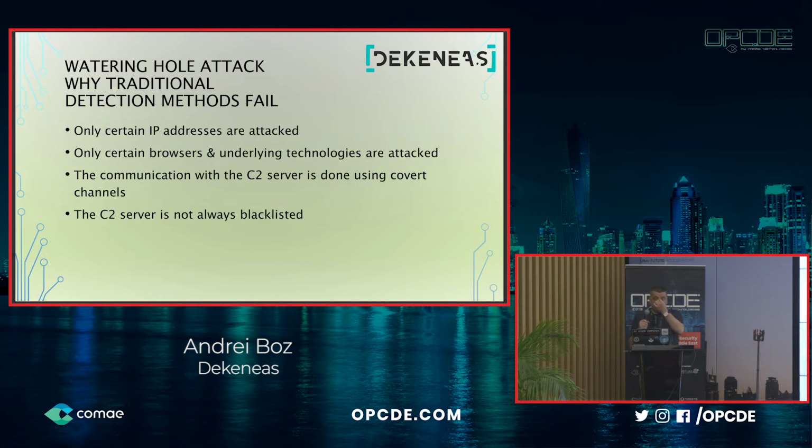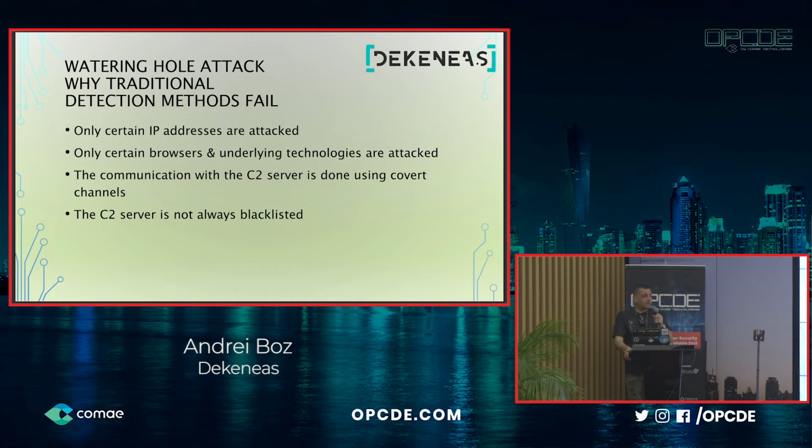Also, what is very deterrent for the analysts is the fact that only certain IP addresses are attacked. For instance, in the case of the Polish banks, they had a list of the IP addresses used by the banks they wanted to target, and all the IP addresses that didn't fall in their list were redirected to the normal website, and no attack happened.